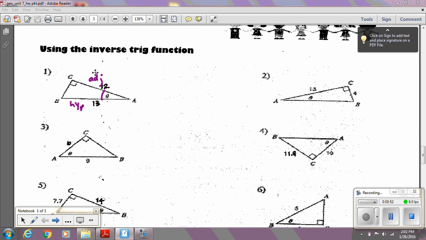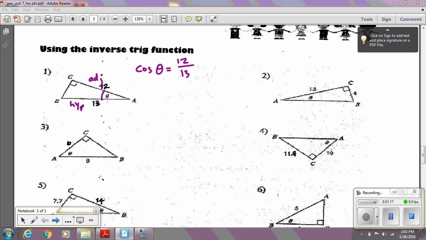So since I have adjacent and a hypotenuse, I can set up a cosine ratio, where it would be the cosine of theta. Theta is a Greek letter, so it's basically x, it's a variable. Cosine of theta is equal to adjacent, which is 12, over hypotenuse, which is 13.